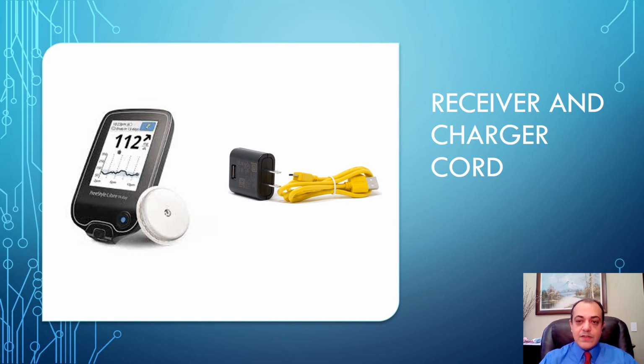On the right side, you see the charger cord, basically that yellow cord that connects the device or the receiver to the electricity. It has a USB port, as you can see on the right side of this slide, and that USB port can connect the device to your laptop or desktop computer for you to upload the results as a patient to the cloud.